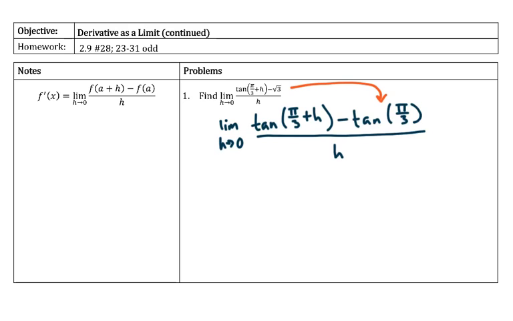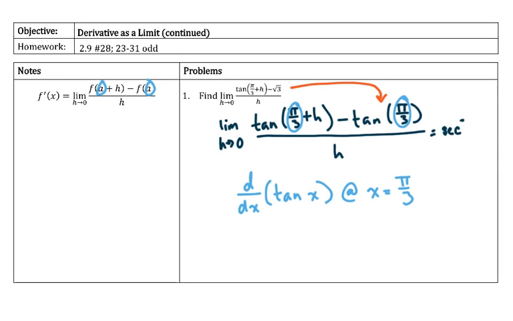And since I recognize that, that means that limit is the same as the derivative of tangent of x at x is equal to pi over 3, right? So that's what is in the place of a in this case. So if you recognize this, it just makes everything a little bit more streamlined. The derivative of tangent then is equal to secant squared of pi over 3.